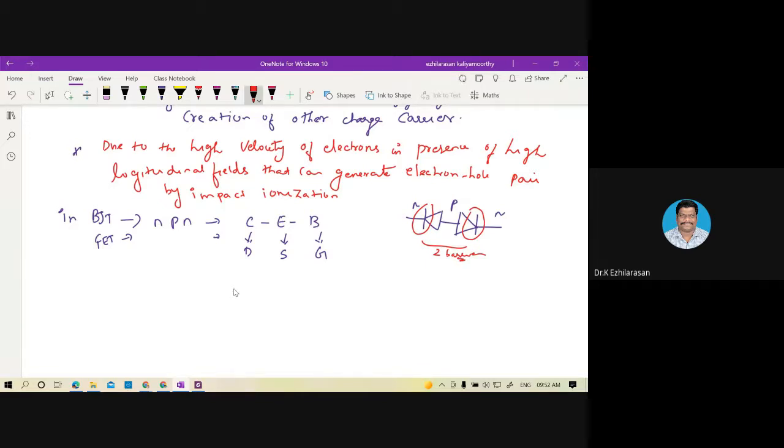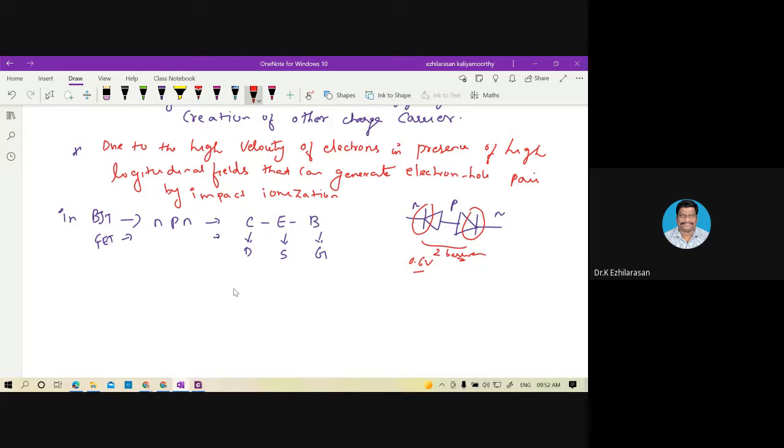The holes are collected by the source, and the corresponding hole current will create a voltage drop in the substrate material of order 0.6 volt. The normally reverse biased substrate source PN junction, because this is a reverse bias, right, will conduct appreciably.